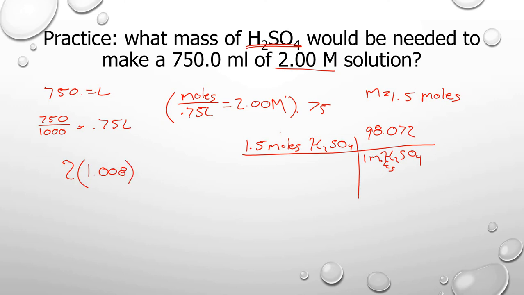So that's H, and then that's 32.067, and then oxygen is 4 times 15.999. So you multiply this, multiply that, and then you add it, and you get that.